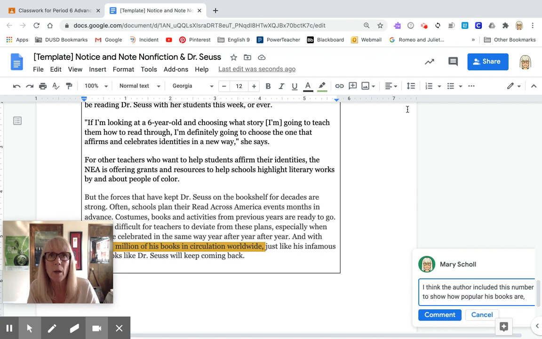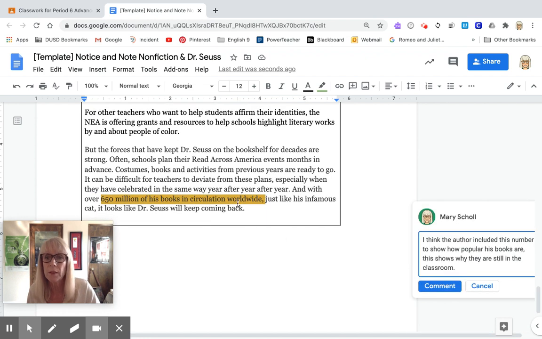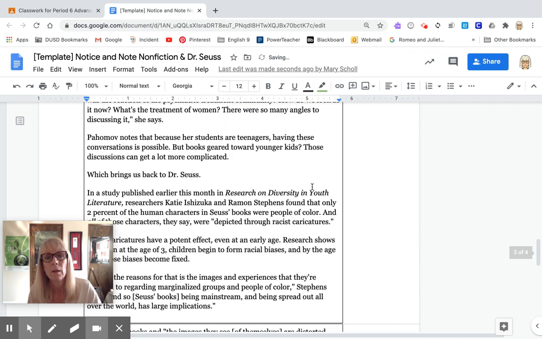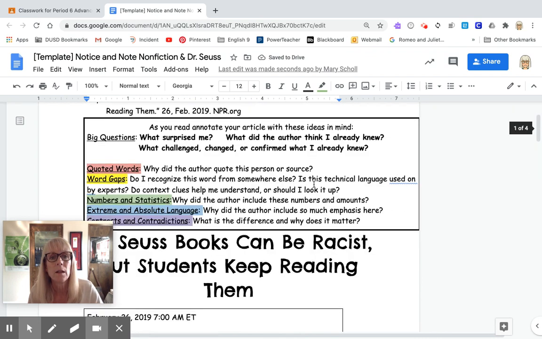And then I would probably go a step further and say, this shows why they're still in the classroom. So I noticed the signpost, my third one, and I made a note about it. And so I'm going to post comment. Okay, we got two more.